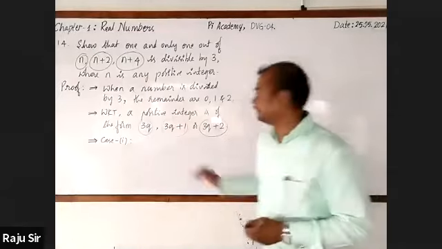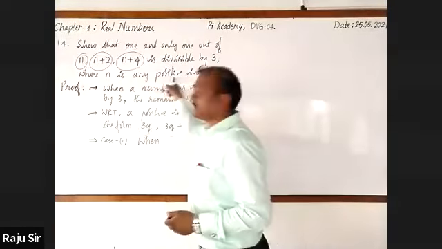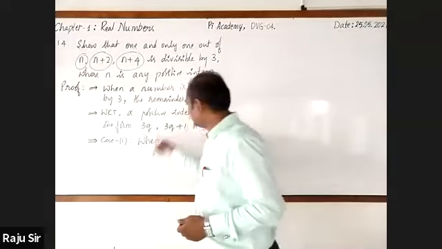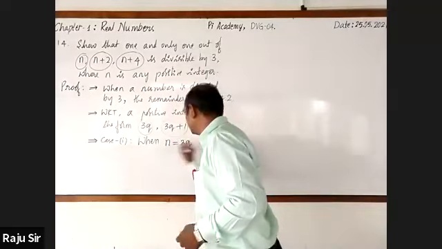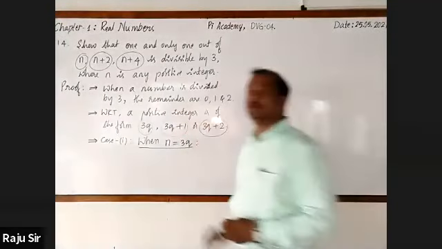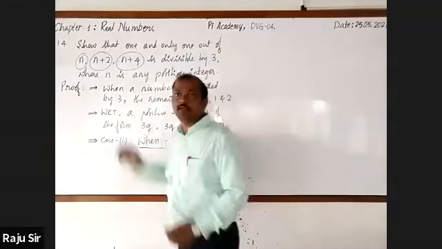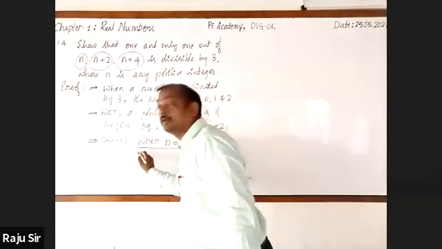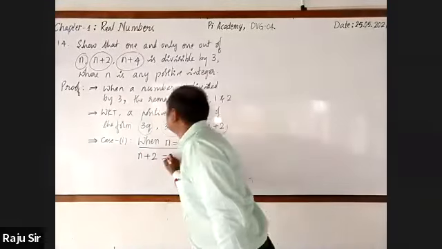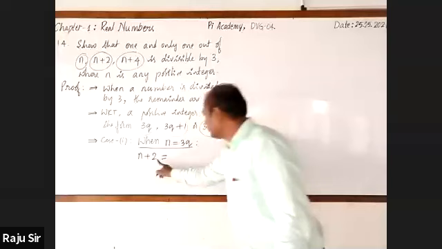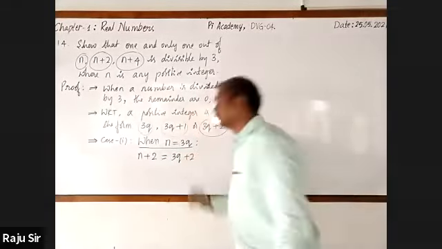Case 1 is when n is a positive integer of the form 3q. When n is equal to 3q, underline this. We have the other two, n plus 2 and n plus 4. Let us find them. Write with me. n plus 2, where n is 3q, is 3q plus 2.